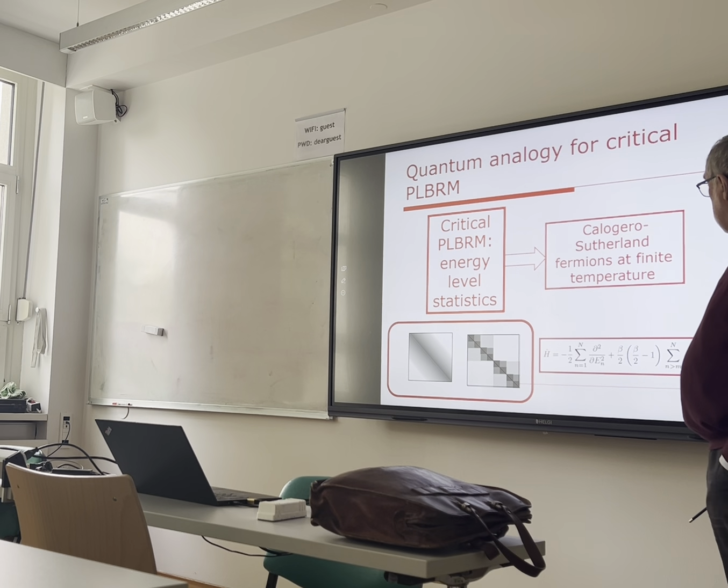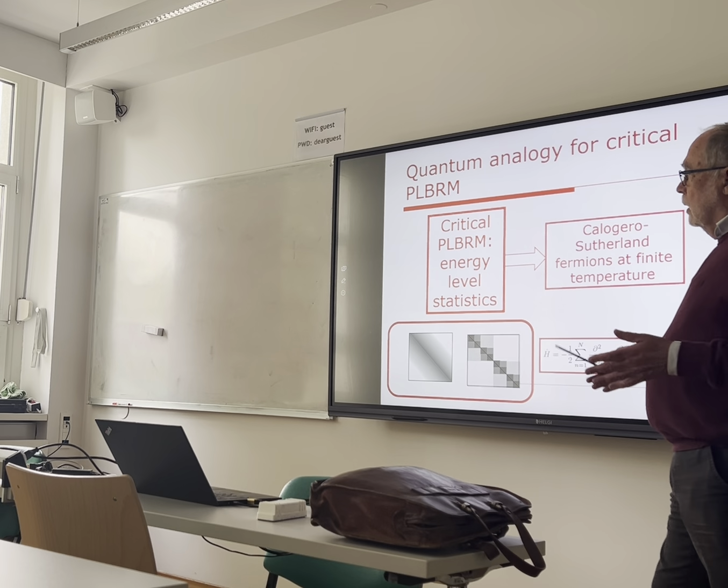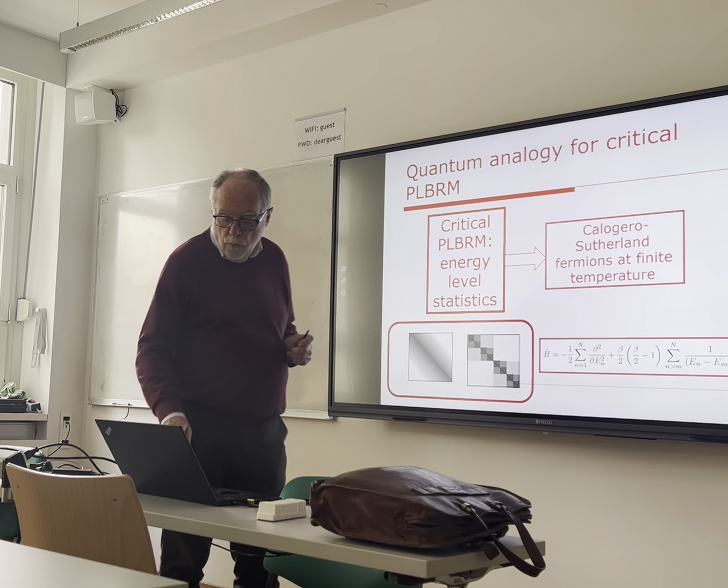But in the orthogonal ensemble, it is negative, which means that there is attraction. And when we have beta equal 4, the symplectic ensemble, it is positive. This means that on top of fermionic repulsion, there is some more repulsion.